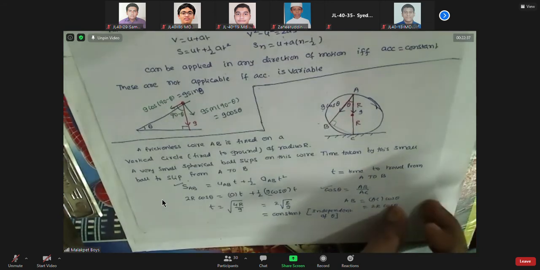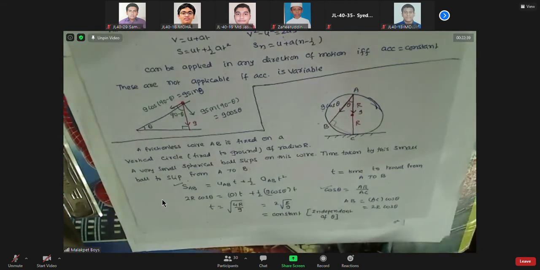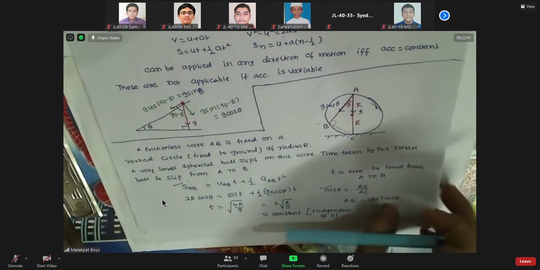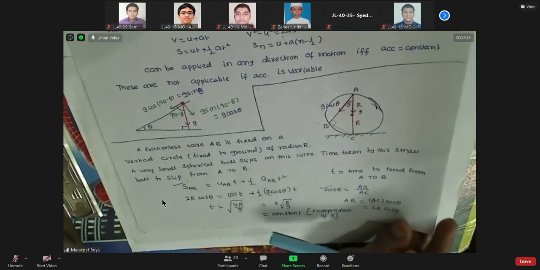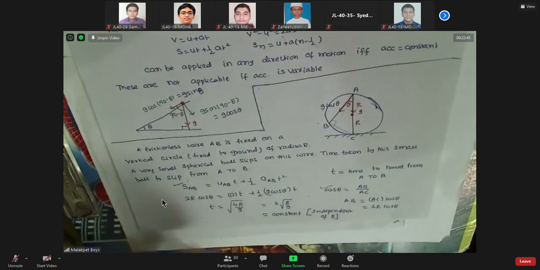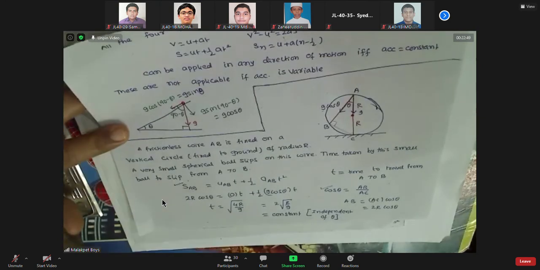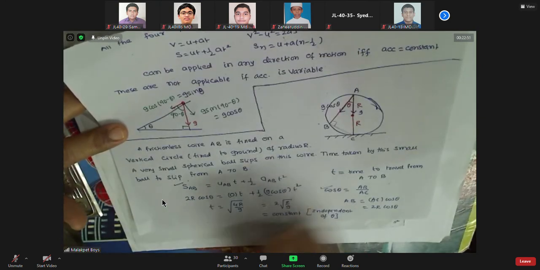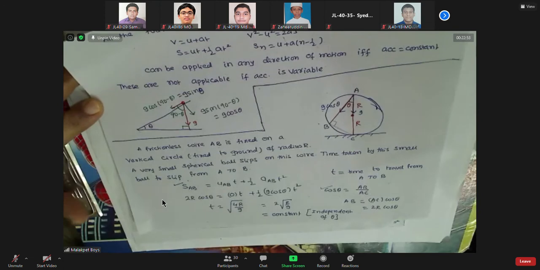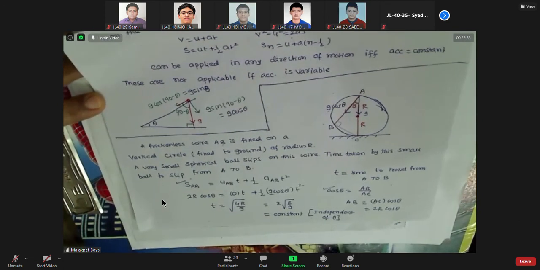Shall I turn this? In the last third line, it should be half g cos theta t square, right? From there only go straight.